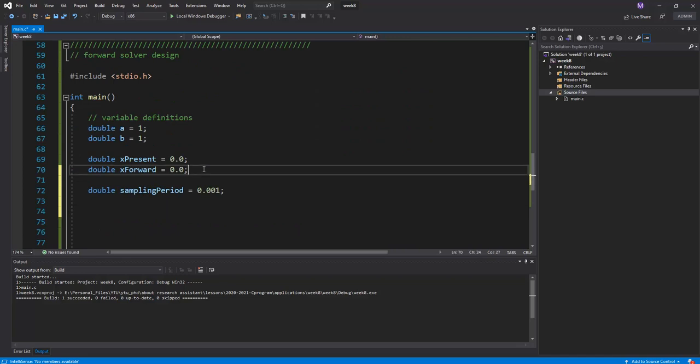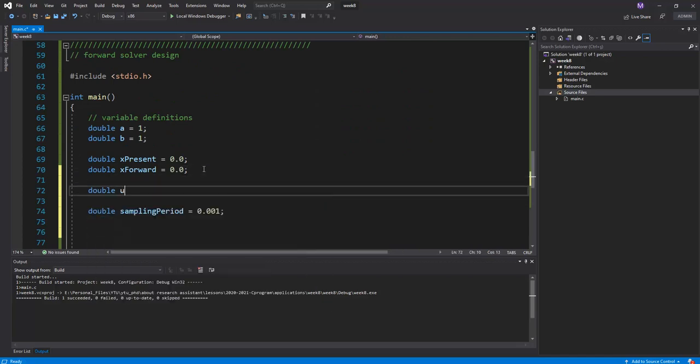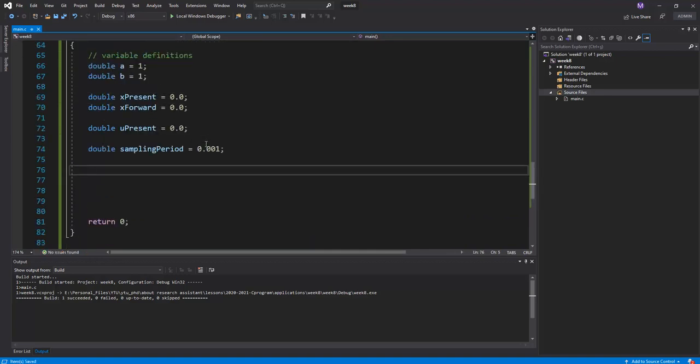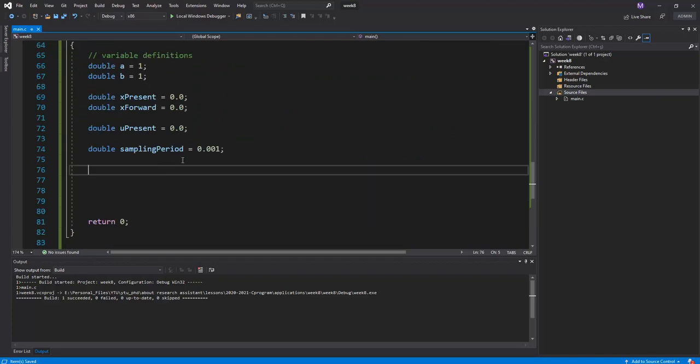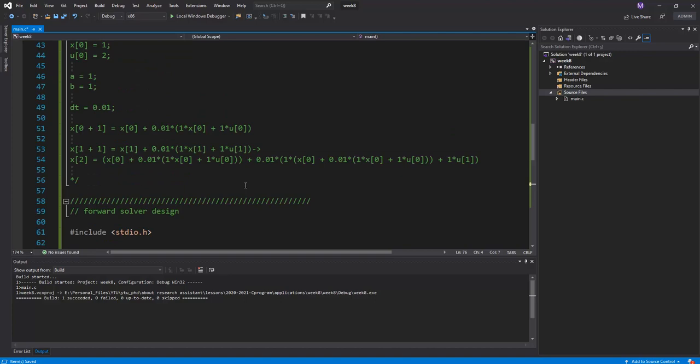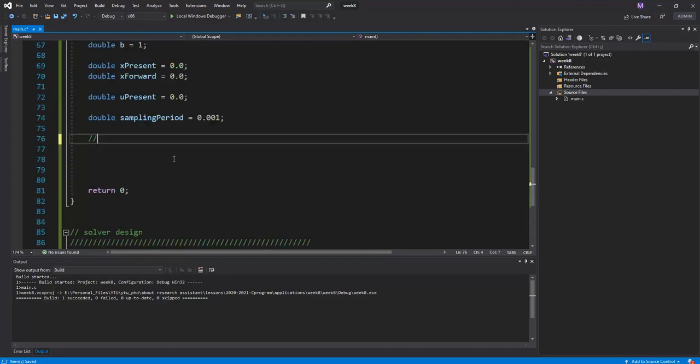The input variable also should be defined in here, u present value, okay, 0.0. And so what about our algorithm? Our algorithm increases in the iteration, and so we need to use a for or while loop in here. And so the iteration variable or loop counter should be defined in here, okay?